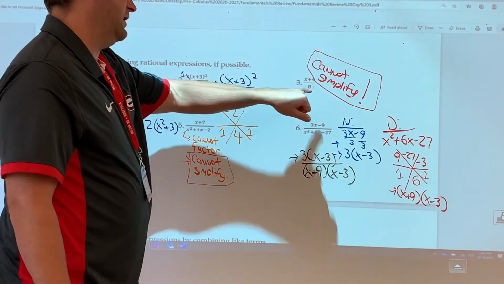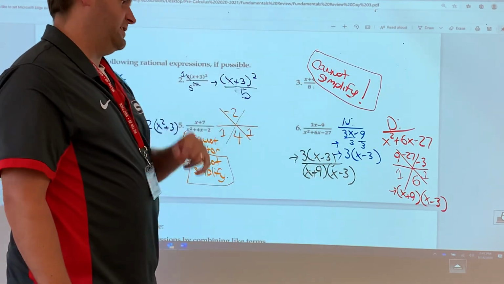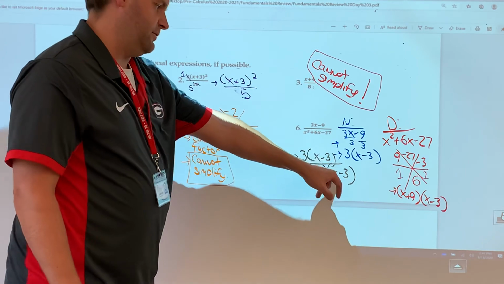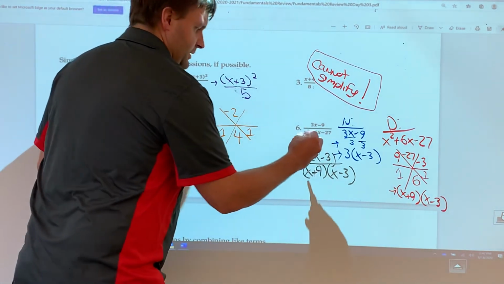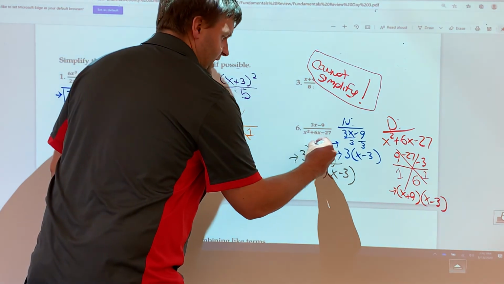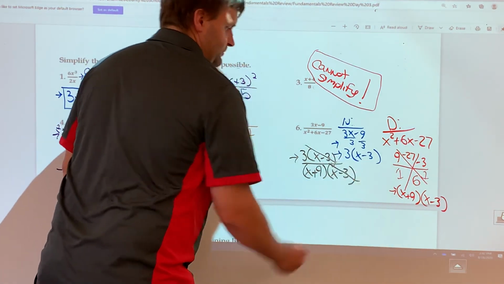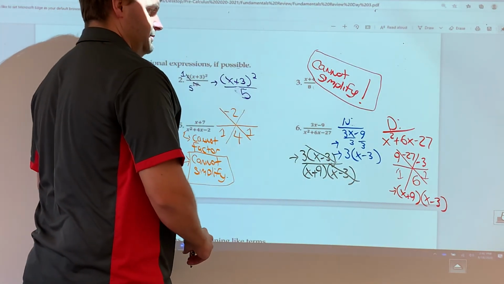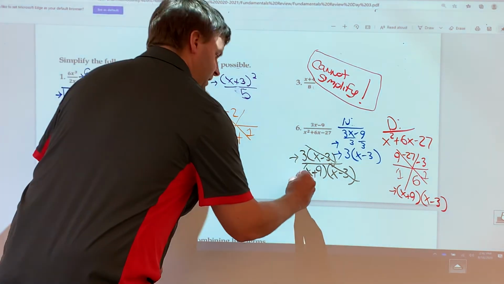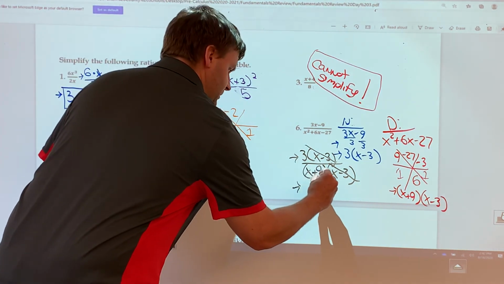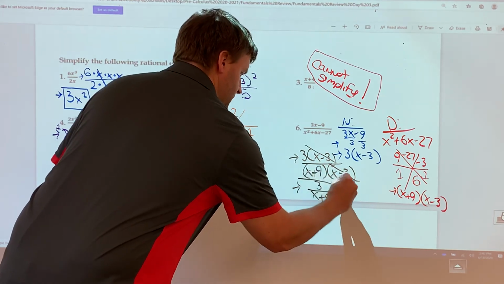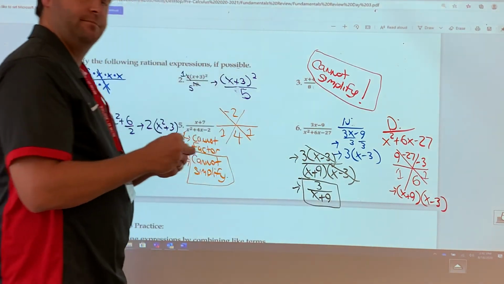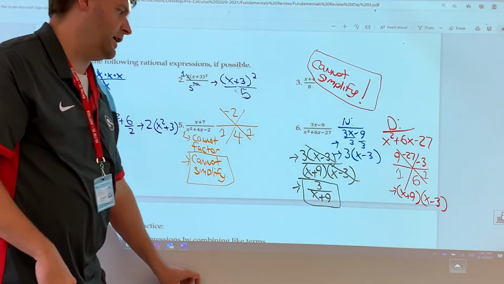We couldn't simplify anything because we didn't have the exact same binomial. But what do you notice here now between these two binomials? They're the exact same. And so I can go ahead and simplify those. And so my final answer is just going to be 3 over x plus 9.